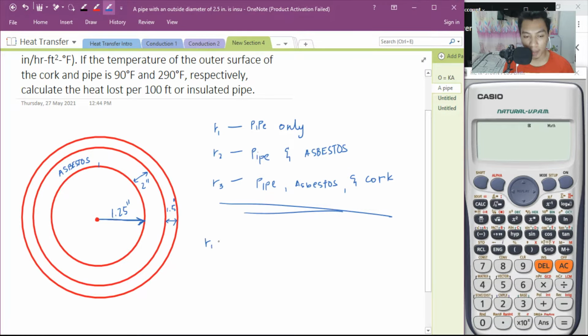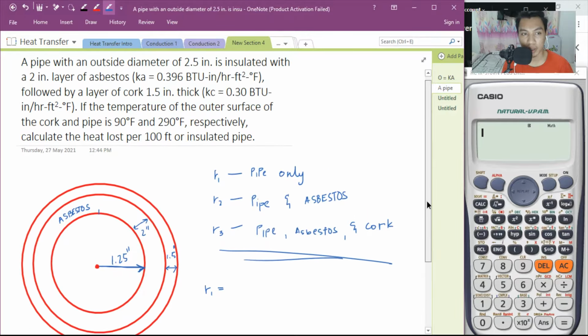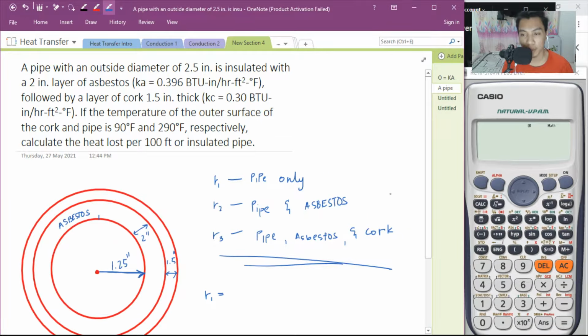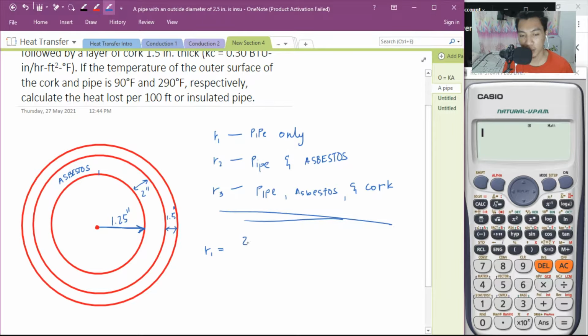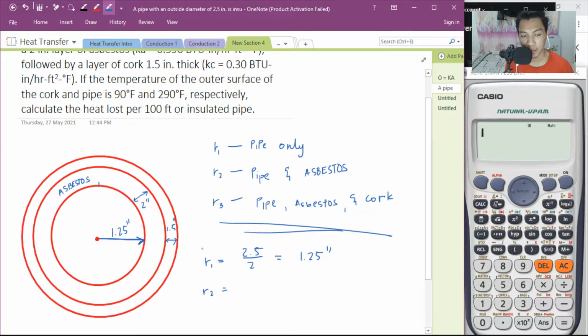Okay? Now, let us consider them. So, R1. Meron tayong 2.5 inch. So, that is 2.5 divided by 2, equal to 1.25 inch. Yung R2, kasama ito, 1.25 plus 2 inch. That is 3.25 inch.